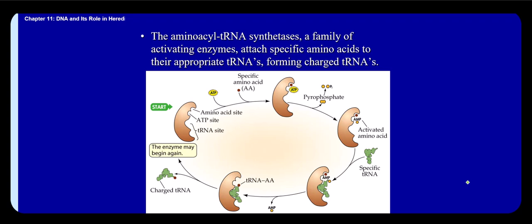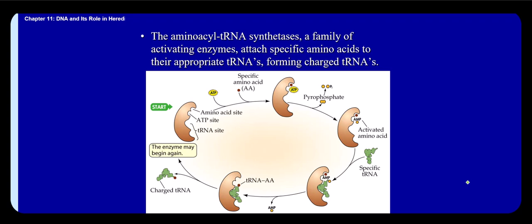Or sometimes we're going to talk about enzymes in the sense that this family of enzymes does this to this family of molecules. Each individual member of the family is specific to an individual member of the enzyme family.